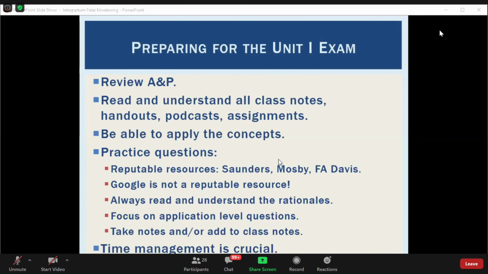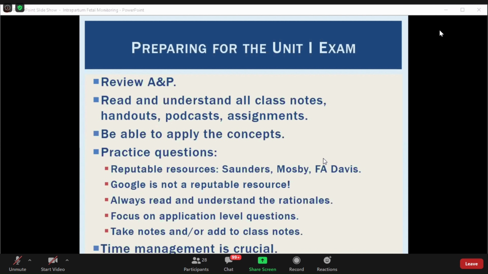As you know, there's certain things you have to know your A&P for, right? Which we've talked about. Make sure that you review your notes from class. I've encouraged you before to make sure that you review them. Those of you who are taking notes by hand, rewrite them so that you can understand what you wrote, because I know sometimes you write it quickly.